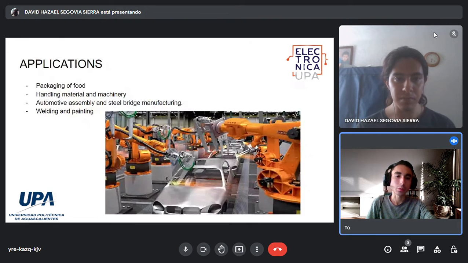So now for the applications. These robots are used for packaging of food, handling material and machinery, arc and spot welding, automotive assembly, and steel bridge manufacturing. It is also useful in handling glass and foundry.